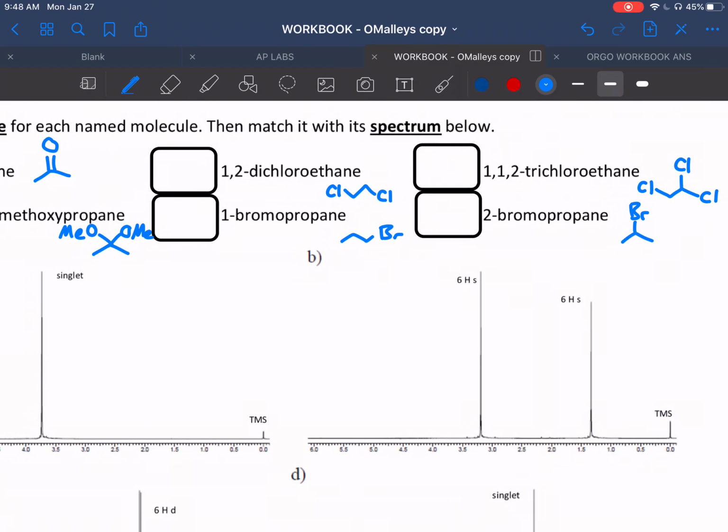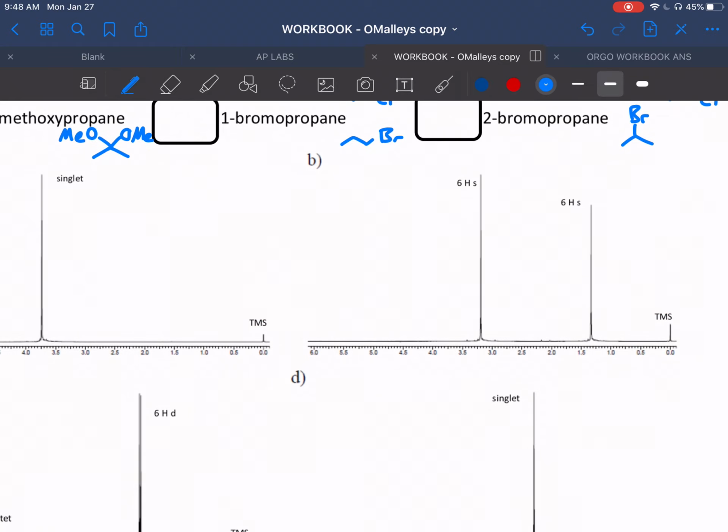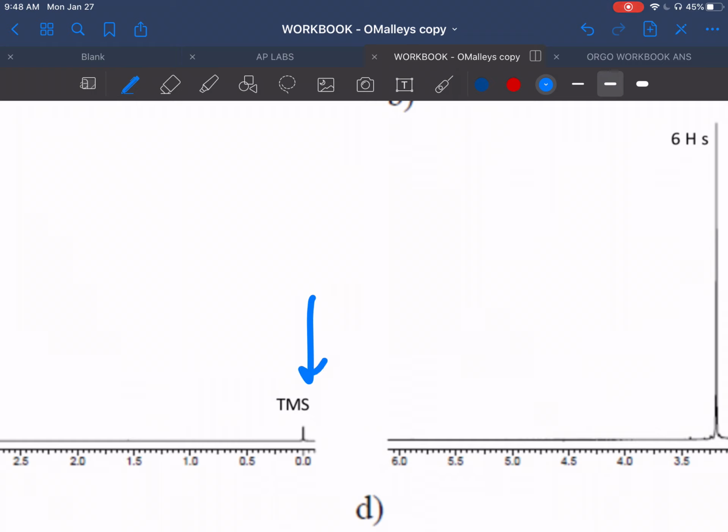How to approach this? There's a couple of different ways. They're all valid. Notice off the bat these are actual spectra. These are not ChemDraw predicted spectra like we were using in the previous lesson. So they have a reference peak of what's called tetramethylsilane.